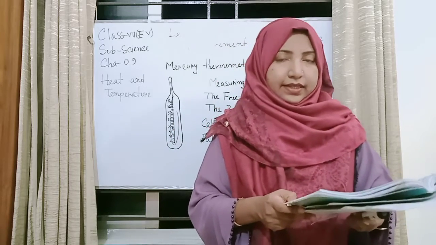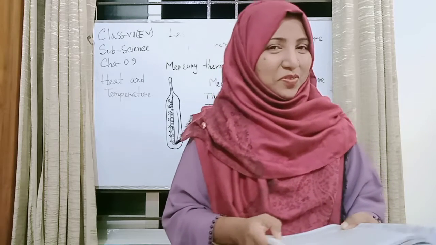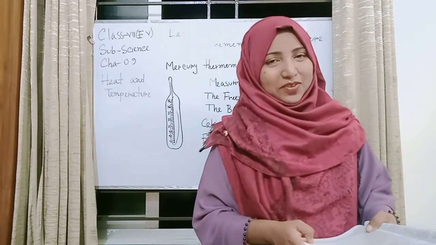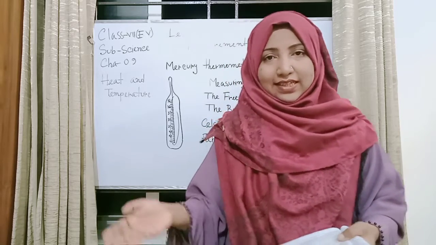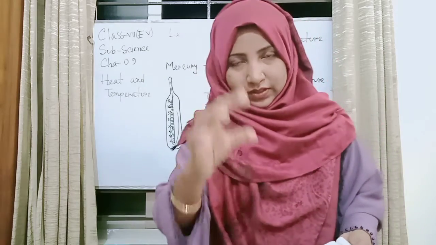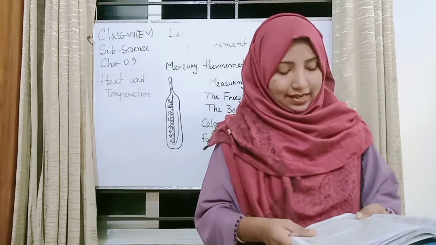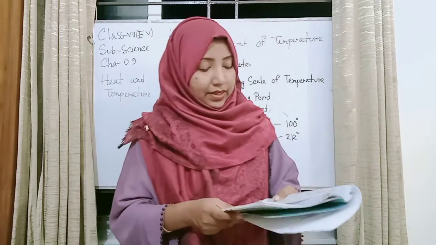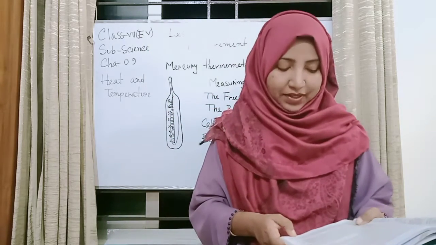You have certainly seen the thermometer used to measure fever. I have drawn this structure, and I showed it a little while ago. Another name for it is the clinical thermometer, used for measuring fever.